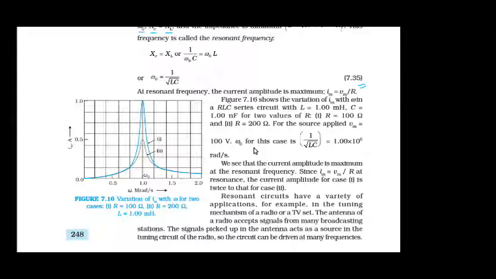Omega naught for this case is 1 upon under root LC, that is 1 into 10 to the power 6 radian per second.